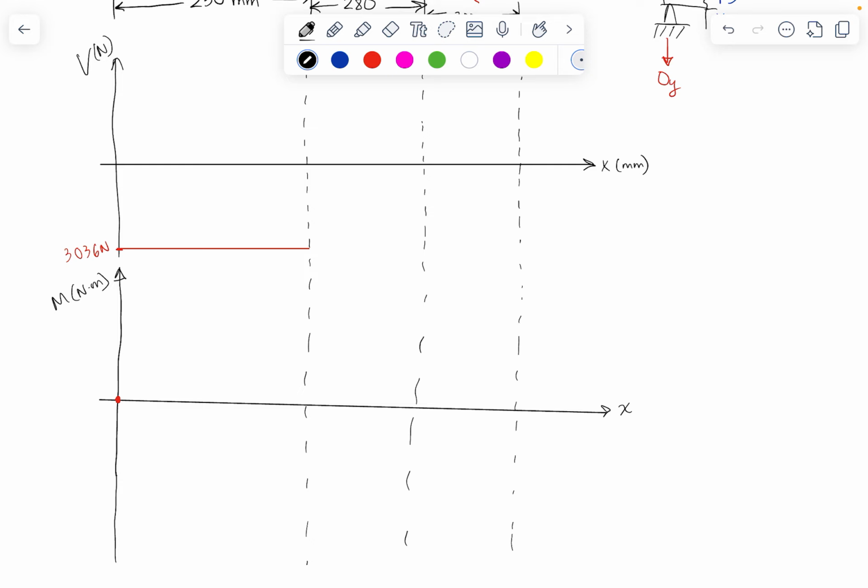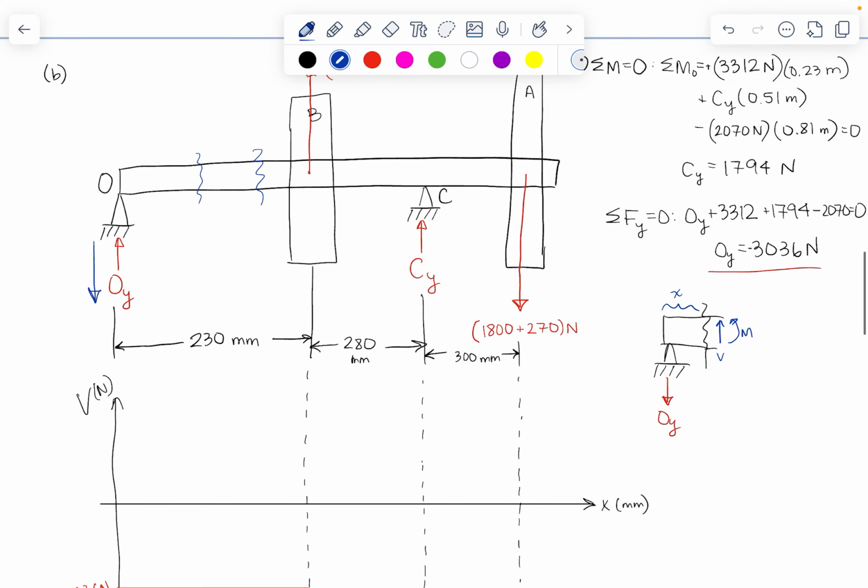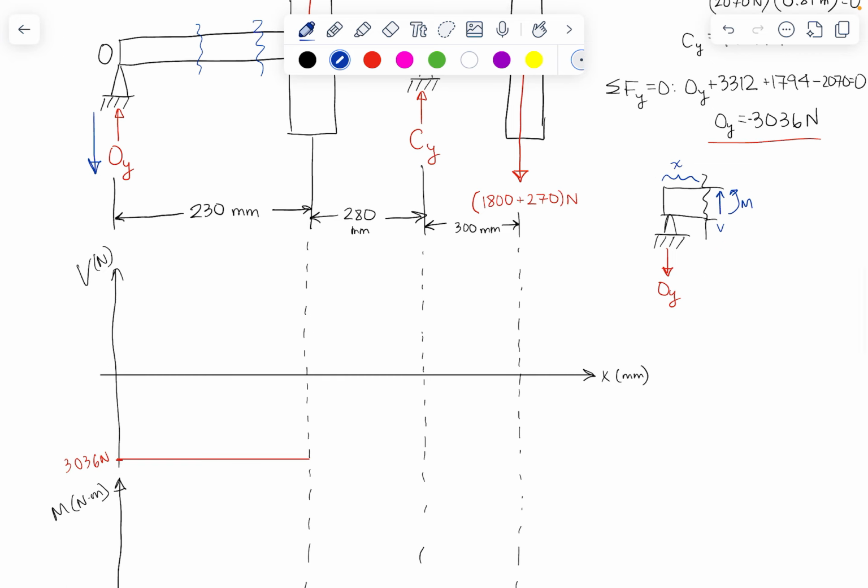So what value do we get to? Well, let's think about if we were to make our cut in the beam just before our reaction force. Then what we would have is a moment equal to OY times that distance, so 230 millimeters.